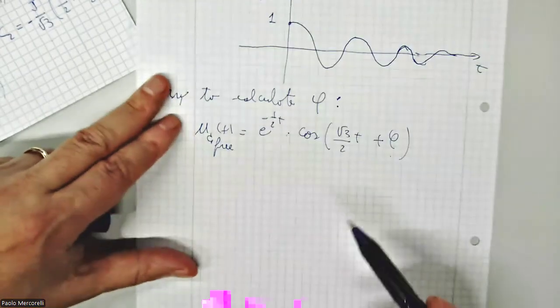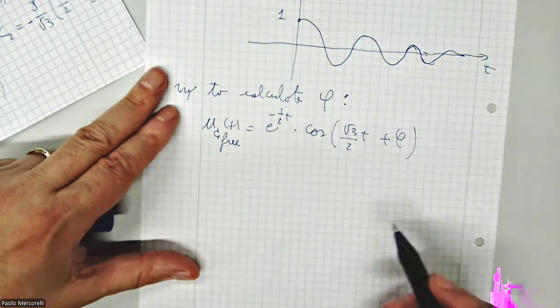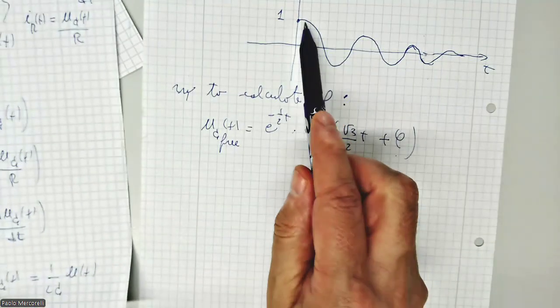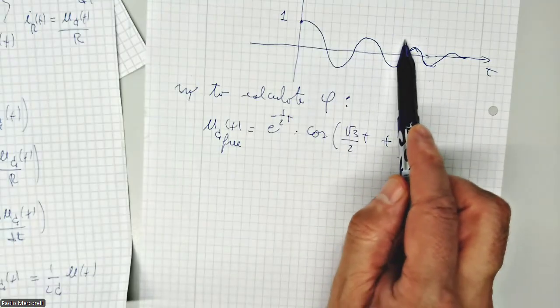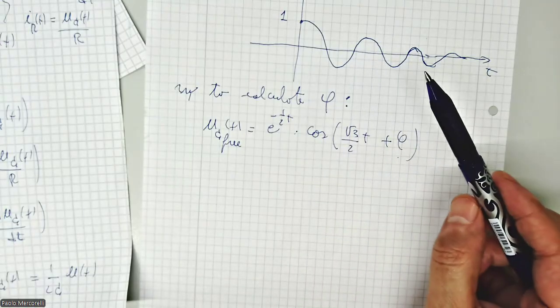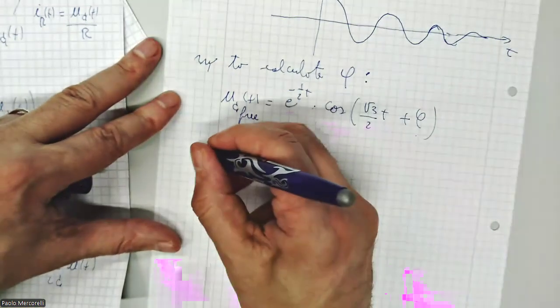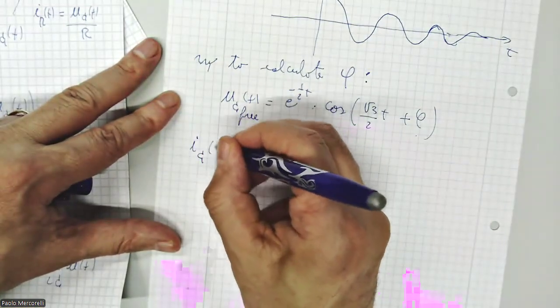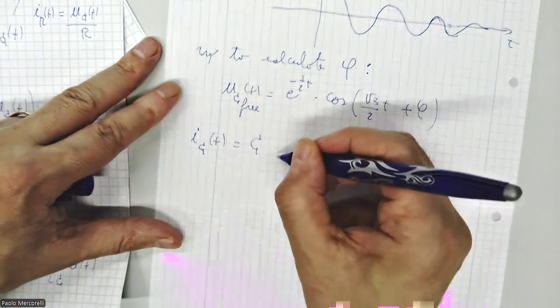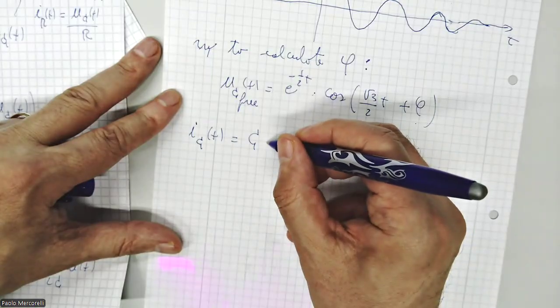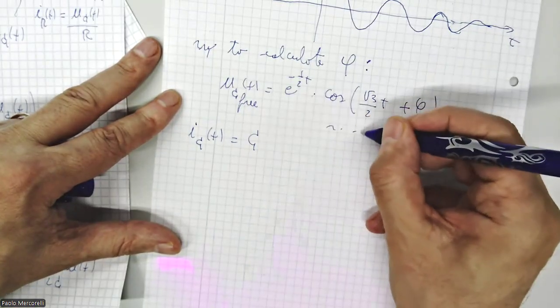Now, when I have to calculate, for instance, the current IC, we have basically a similar structure, because, for instance, this is C times the derivative. This is an exercise.